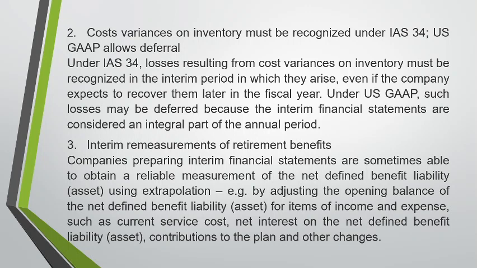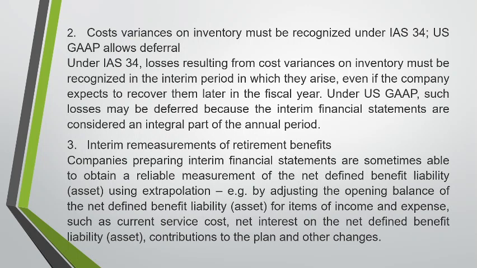Under IAS 34, losses resulting from cost variances on inventory must be recognized in the interim period in which they arise, even if the company expects to recover them later in the fiscal year. Under US GAAP, such losses may be deferred because the interim financial statements are considered an integral part of the annual report.